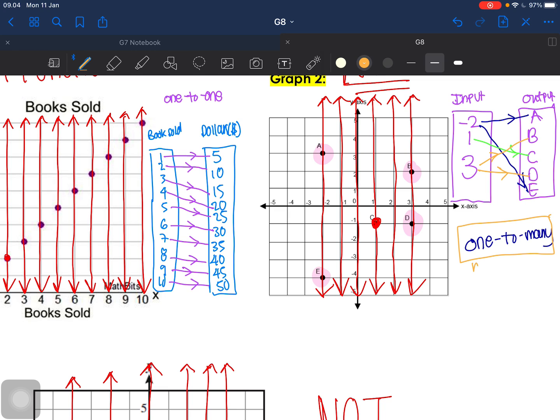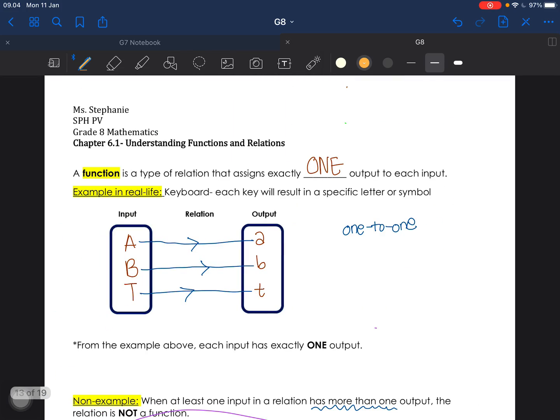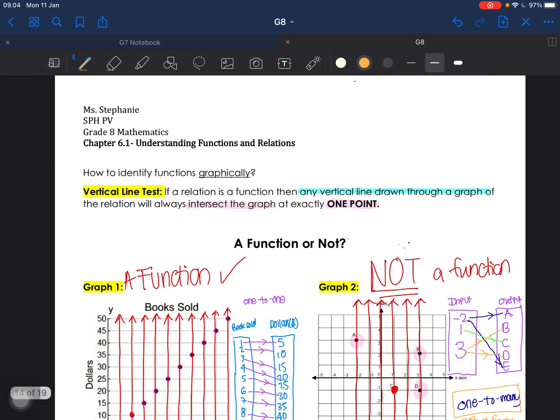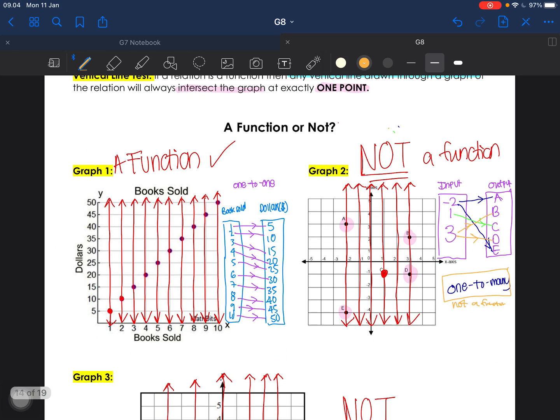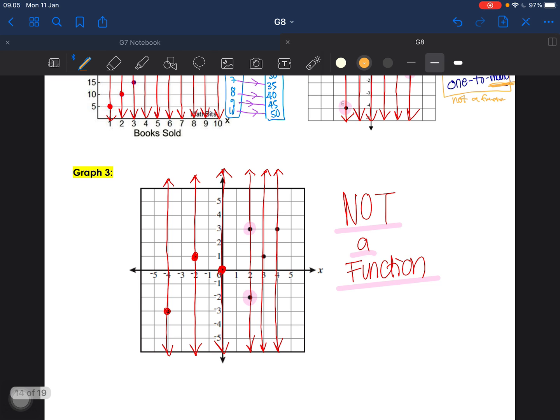So it's not a function, because again, the definition of a function, let's go back, is a type of relation that assigns exactly one output. As you notice, this is 1 to 1, right? One output, but this one is 1 to many. The same thing as here, this is one to many.